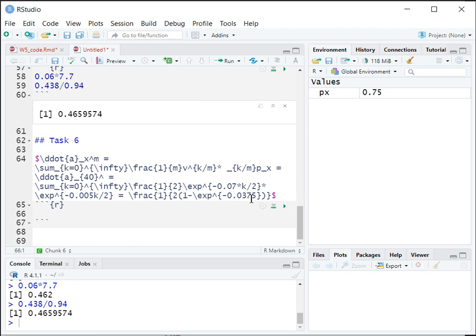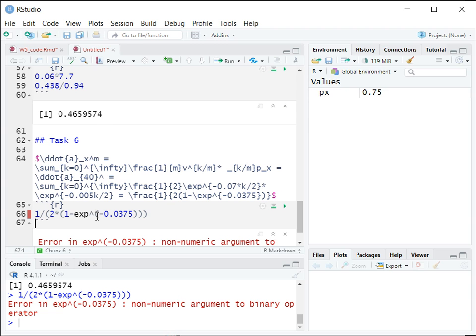So 0.0375 is just those values calculated and multiplied, and 1 minus exponent to the power of minus 0.0375.